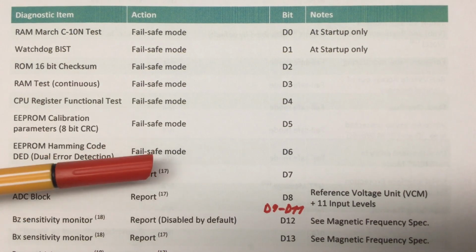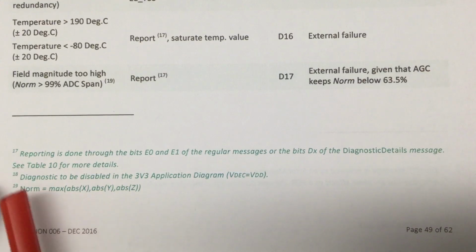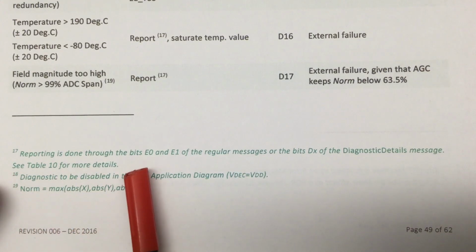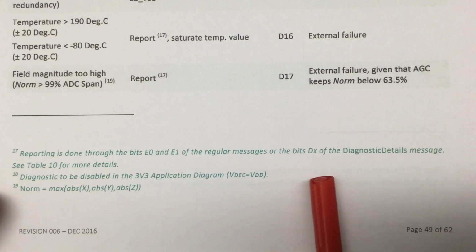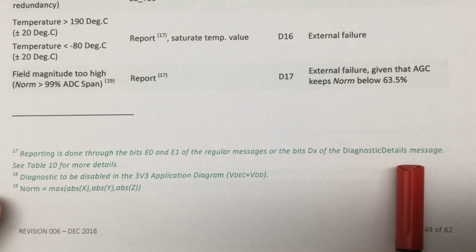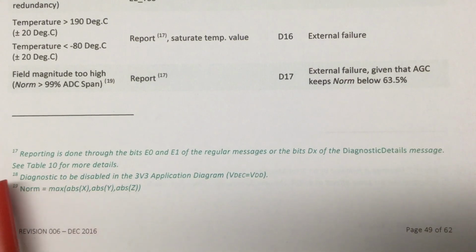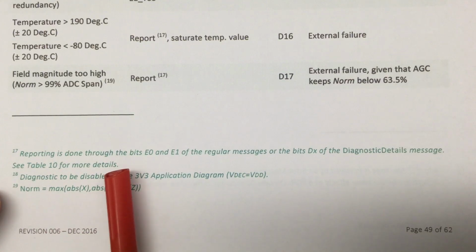Footnote 17. Here's footnote 17. Reporting is done through the bits E0 and E1 of the regular messages of the bits DX of the diagnostic details message. See table 10 for more details.